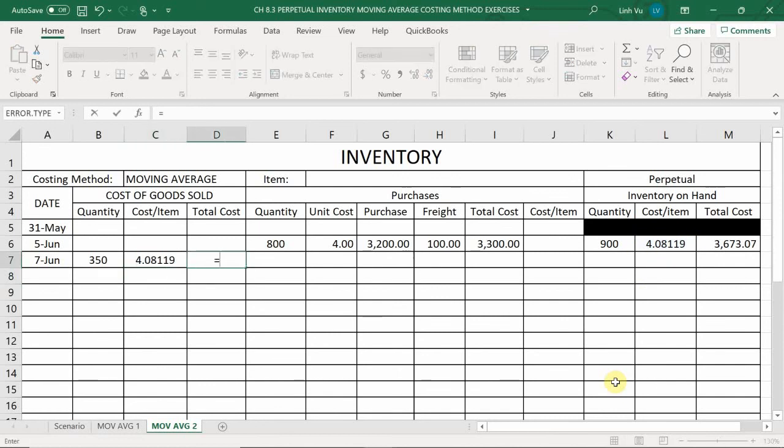So therefore, what is going to be my cost of goods sold? $1,428.42. Good, excellent.